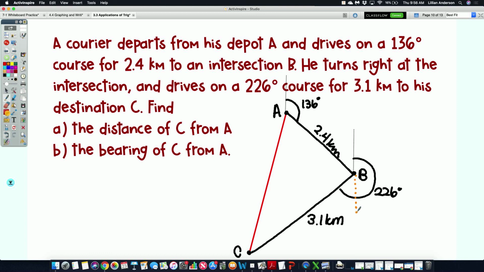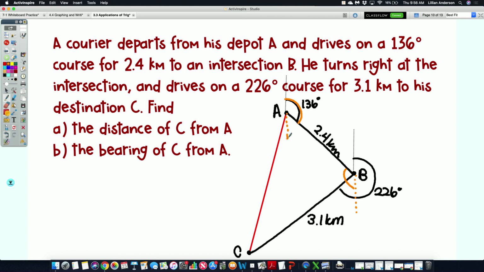So if I extend this out, then this angle and this angle, the two orange ones, they will both be 136. And so, yes, we can subtract 180 from 226. What is that? 46.